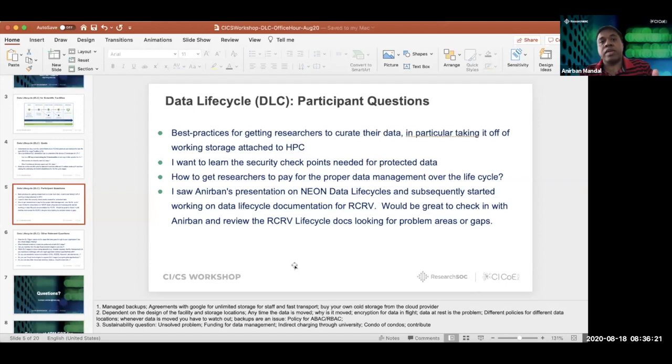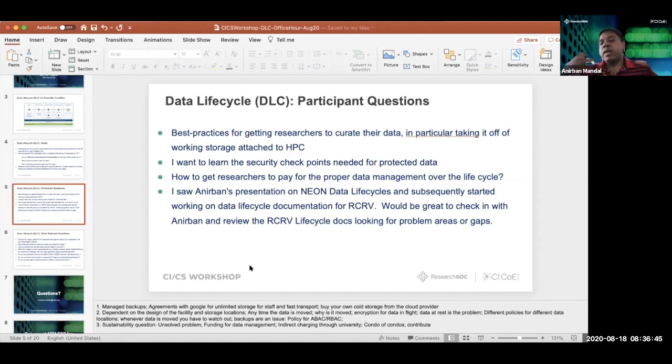And the other aspect, there's a question here from one of the participants, but I don't know whether he or she has joined in or not. What are the best practices for getting researchers to curate the data, in particular taking it off working storage attached to HPC? Again, managed backups are hard to pay for.